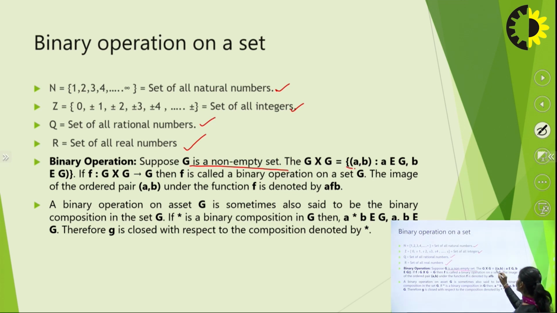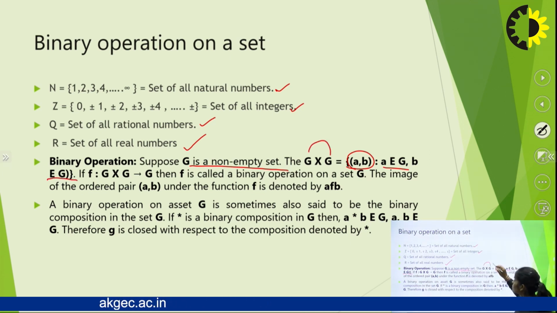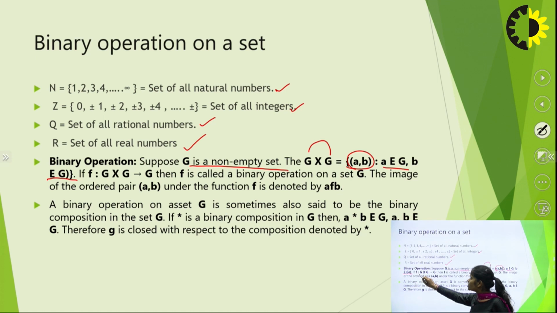We can write it as the ordered pair (a, b), where a belongs to G and b also belongs to G. If a function f from G cross G to G exists, then f is called a binary operation on set G. The image of the ordered pair (a, b) under the function f is denoted by a f b. So this is the binary operation on sets.